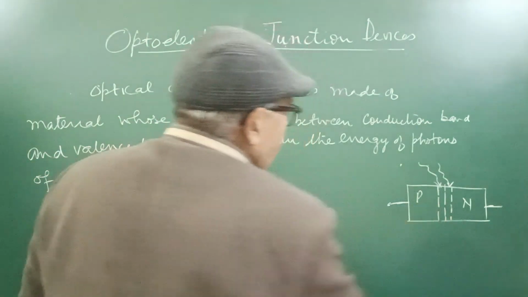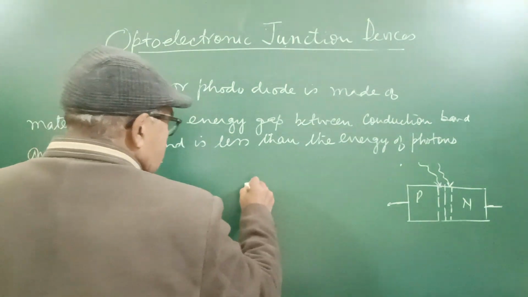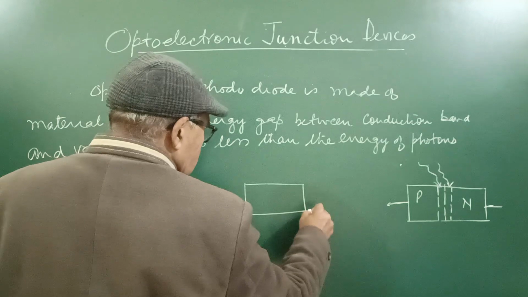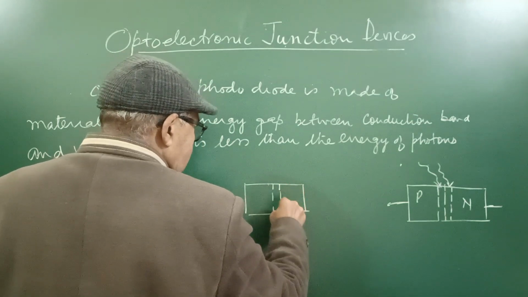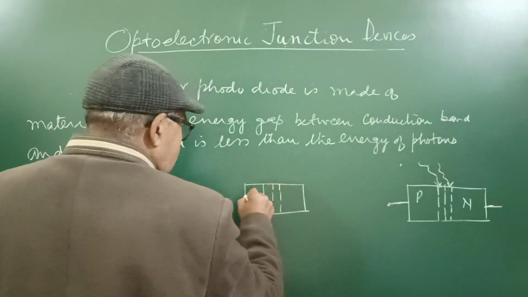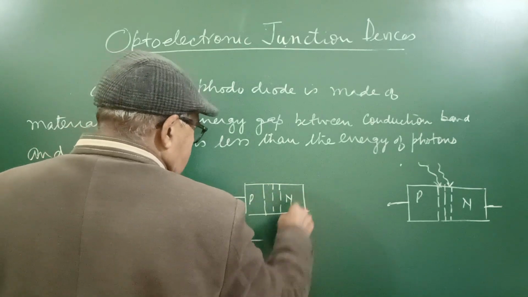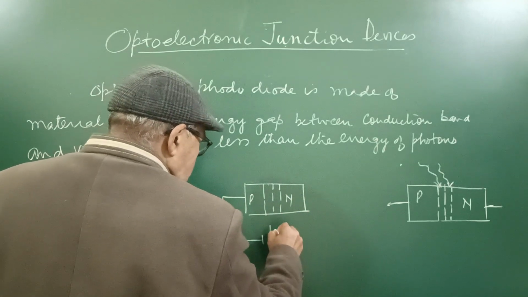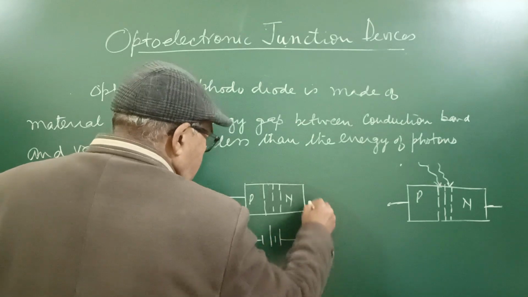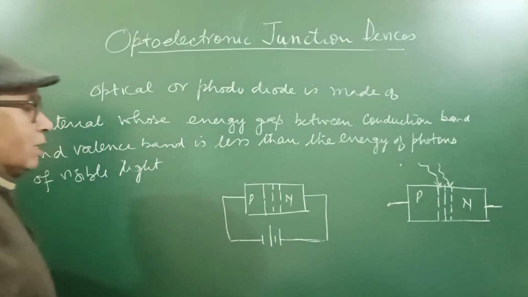So this diode is operated in reverse bias. Here, you know, when we apply reverse bias, the width of the depletion region gets increased. The PN region is connected here negative, positive. A reverse bias is given.